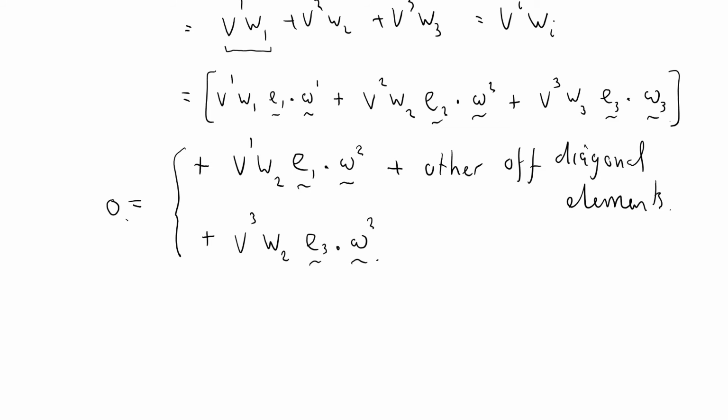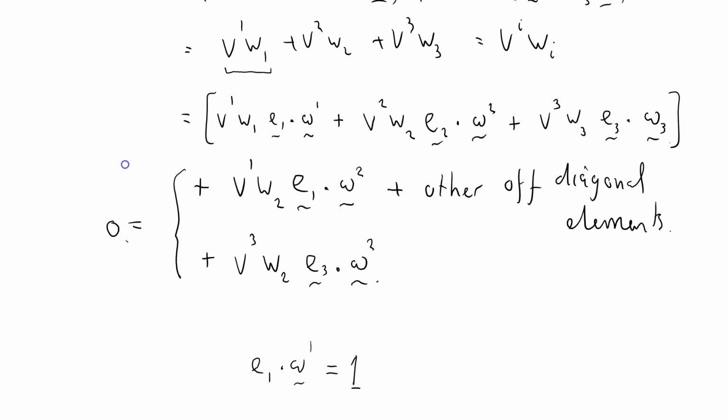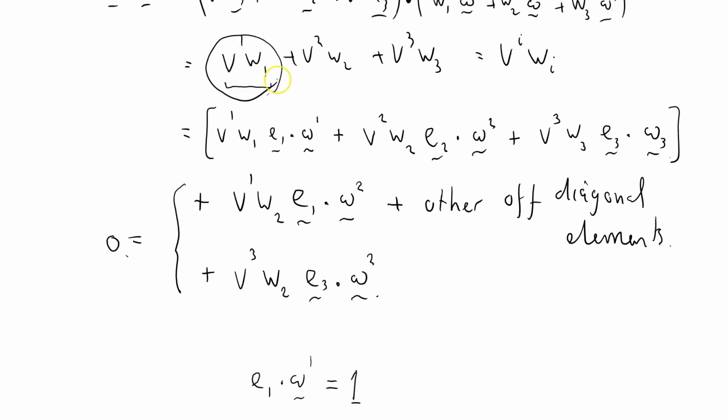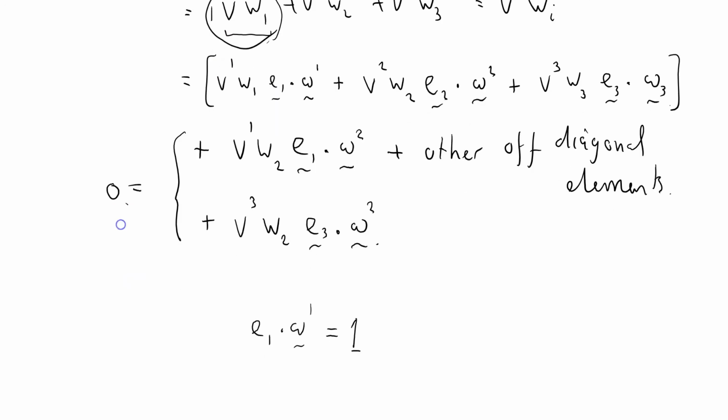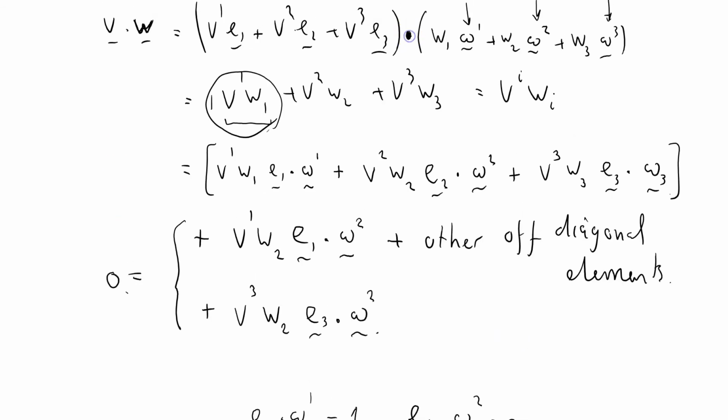So basically, I want e1 dot omega 1 to equal 1 to make sure that this term has a coefficient 1 in front of it. And let's write them all out: e1 dot omega 2 equals 0 to make sure that when I expand this dot product, this term disappears.